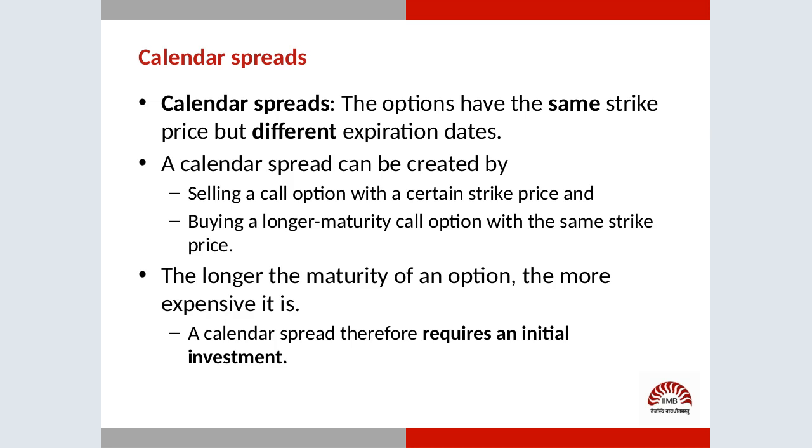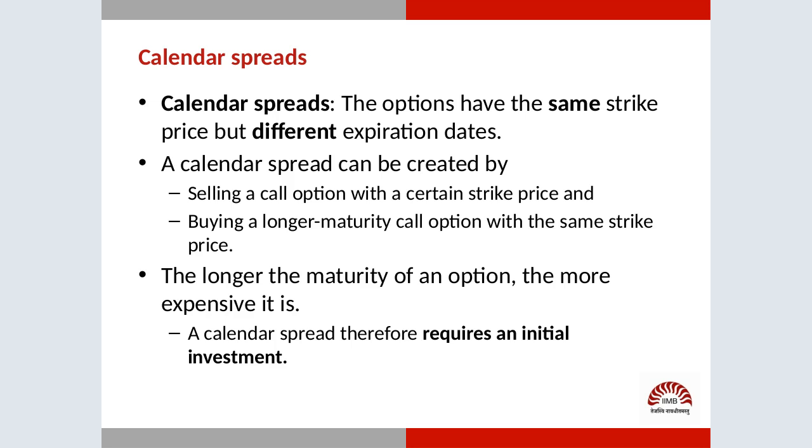The alternate way of looking at this spread strategy is, instead of playing around with strike prices, we will keep the strike price constant. However, we will let the time change.